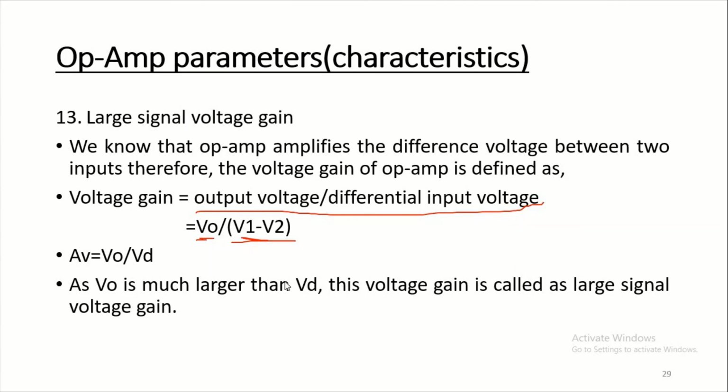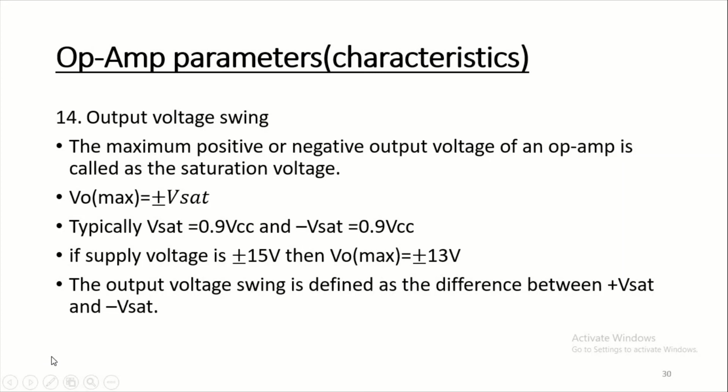The next is output voltage swing. The maximum possible positive or negative output voltage of an op-amp is called the saturation voltage. So VO maximum is equal to plus or minus V saturation, meaning saturation voltage. Typically plus V saturation is equal to 0.9 VCC and minus V saturation is equal to minus 0.9 VCC.